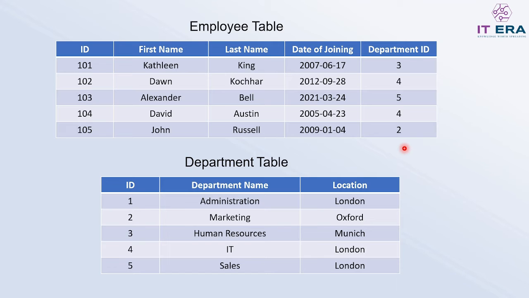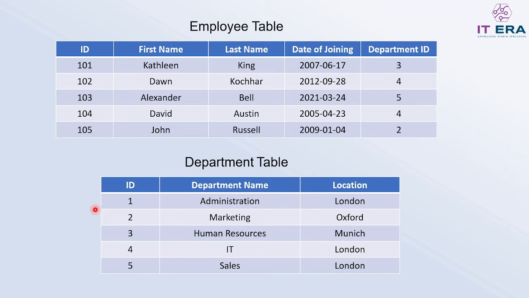In this case, the other table in the database is the department table. This table contains data on the departments of the employees. So we have a department name, location, and you can see the first column is the ID column. This ID column in the department table is linked to the department ID column in the employee table. So these two tables are linked and are said to be in a database relationship.